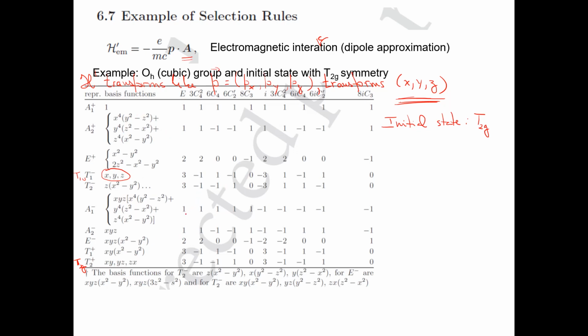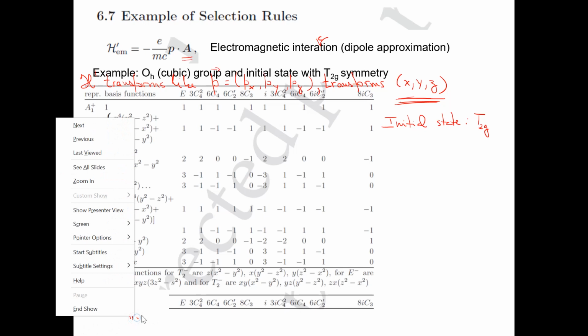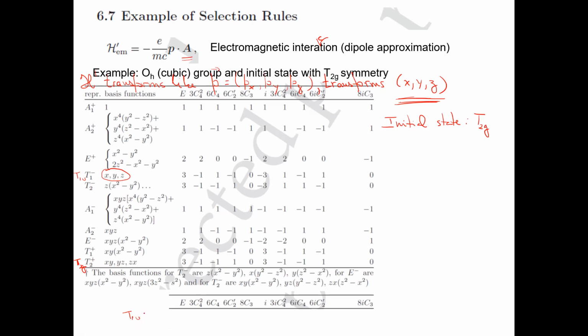Okay. Now what we have to do is to make the direct product of these two representations, the vector T1U and the initial state representation, which is T2G. And again, you do that simply by multiplying the characters: you take the characters of this line and multiply by the characters of this line.